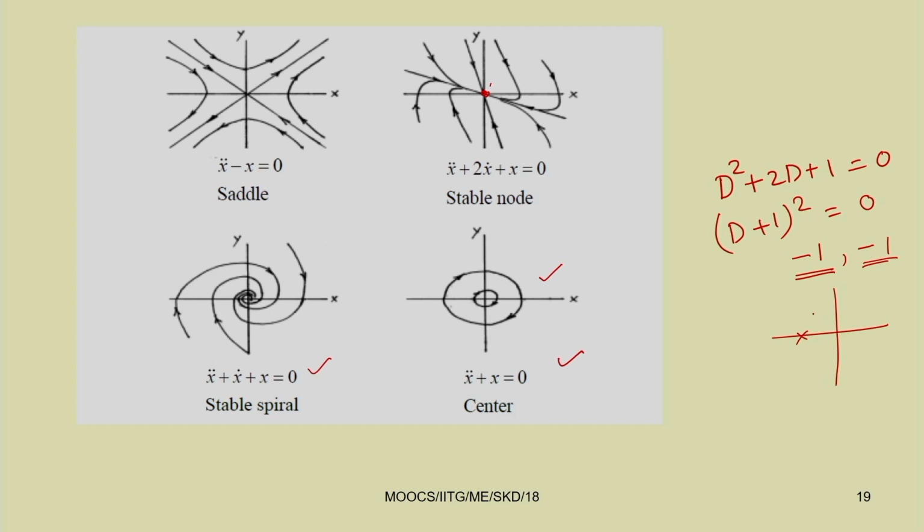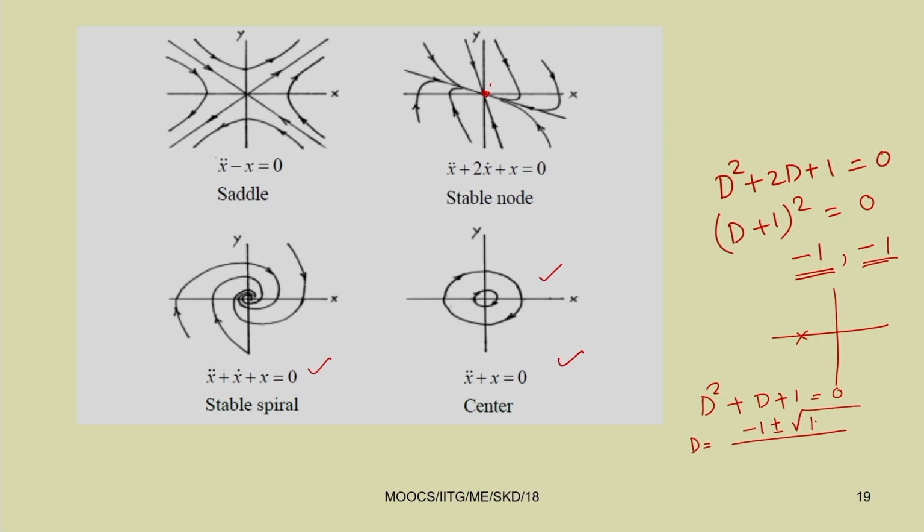If you have imaginary parts, for example, what is the auxiliary equation in this case? The auxiliary equation is d square plus d plus 1, and this should be equal to 0. The roots of this equation you can write as d equal to minus b plus minus square root of b square minus 4ac, by 2a.